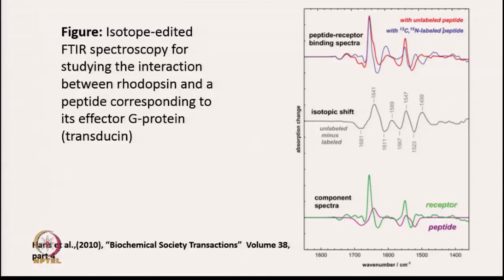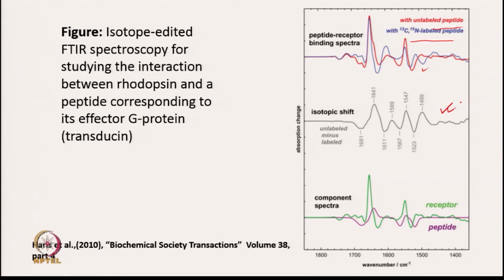This red one is with unlabeled peptide, whereas the blue one is with 13C15N labeled peptide. And now, unlabeled minus labeled gives you this isotopic shift.